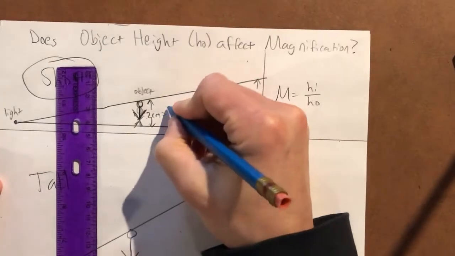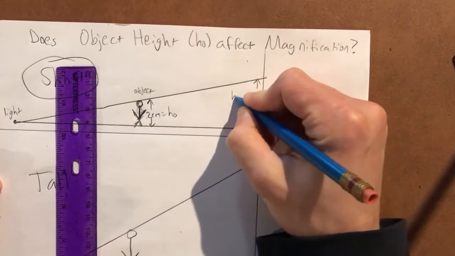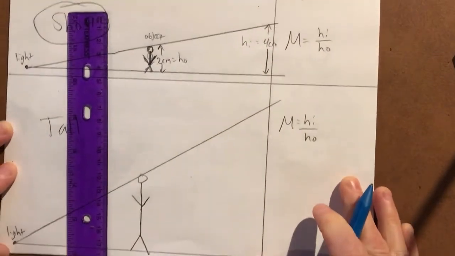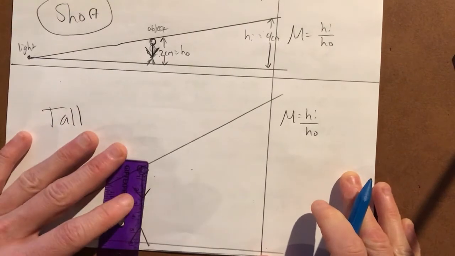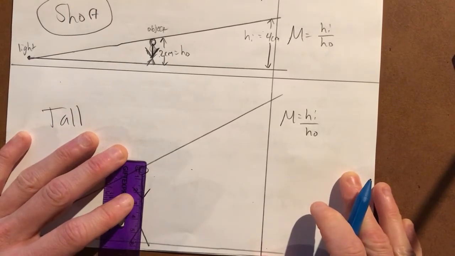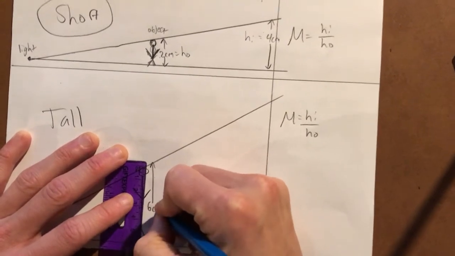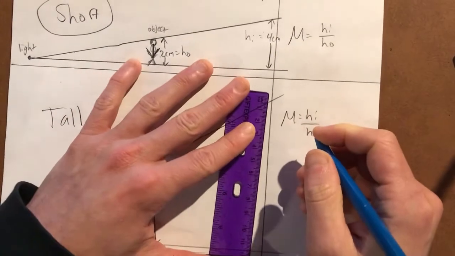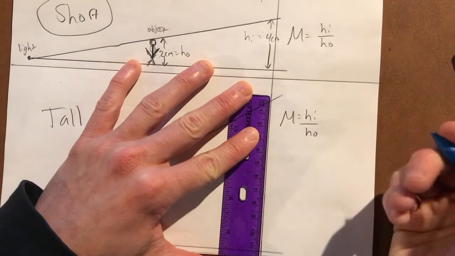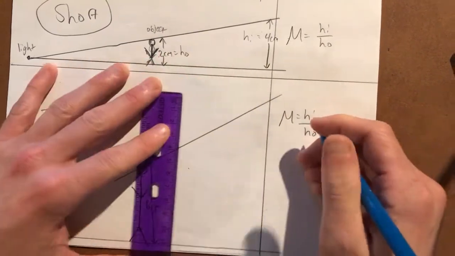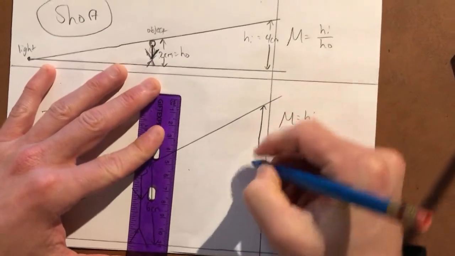Okay, that's HO, and this is HI. Okay, now for the tall guy, I'm getting 6 centimeters. And looks like 12 centimeters.